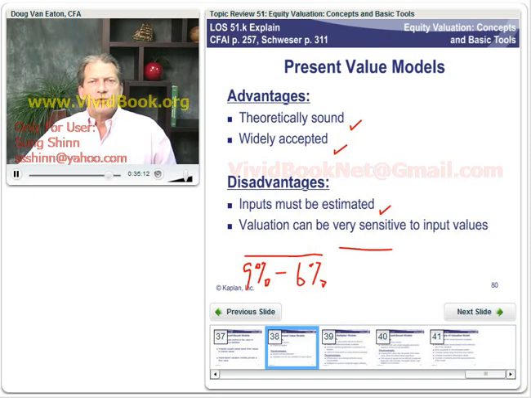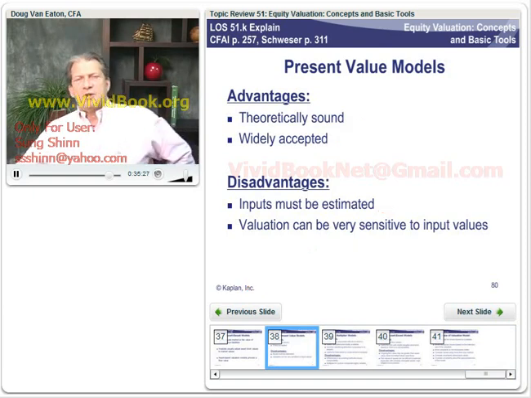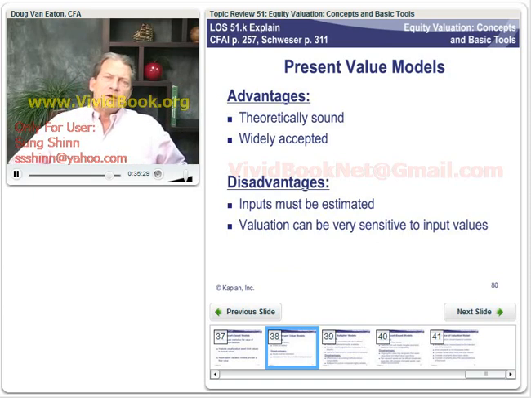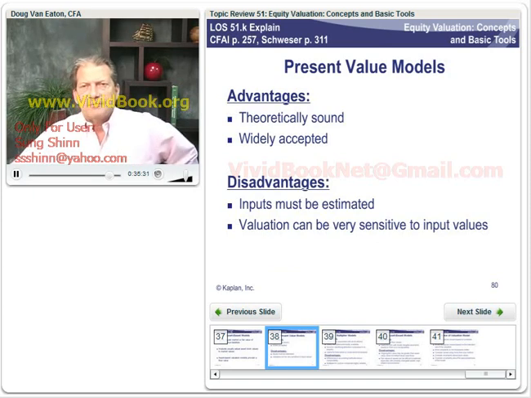But what if this goes up to 7? Then 9 minus 7%, we're dividing by 0.02. That's like multiplying by 50. So that's just one example of how sensitive these values are to our estimates of the growth rate, the required rate of return.